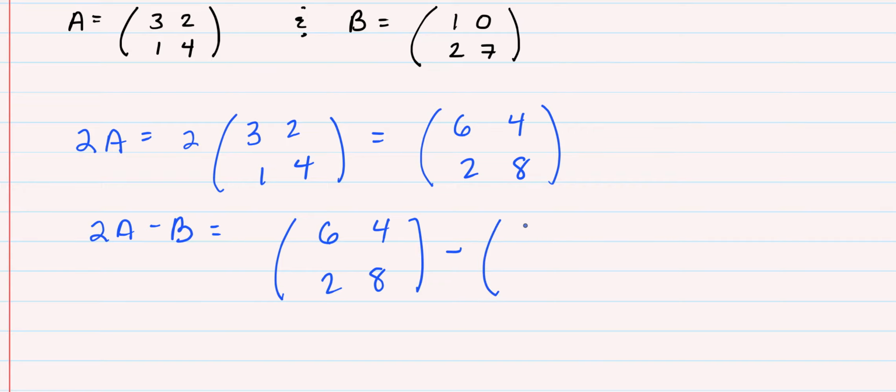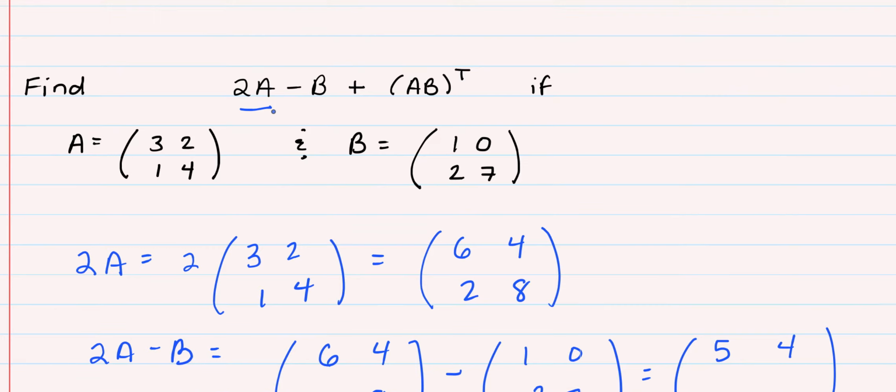Subtract B, which is 1, 0, 2, 7. And we get 5, 4, 0, 1. 6 minus 1 is 5, 4 minus 0 is 4, 2 minus 2 makes 0, and then 8 minus 7 makes 1. Okay, so we've figured out this piece right here.